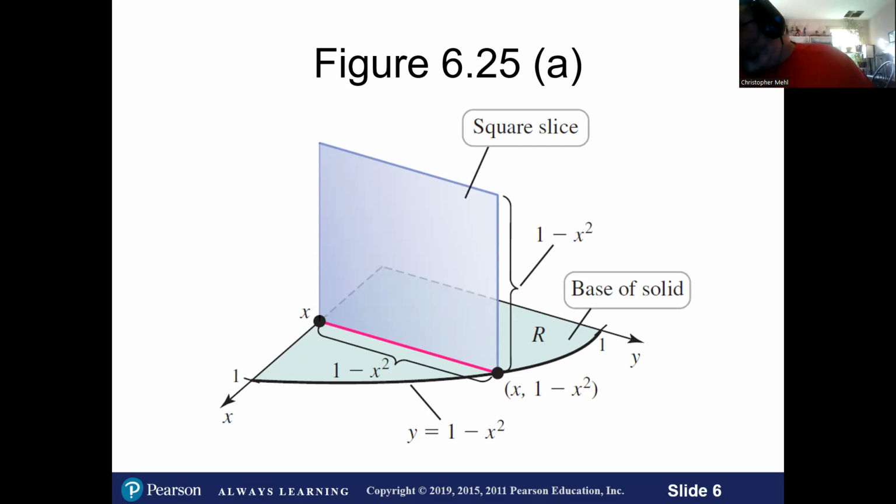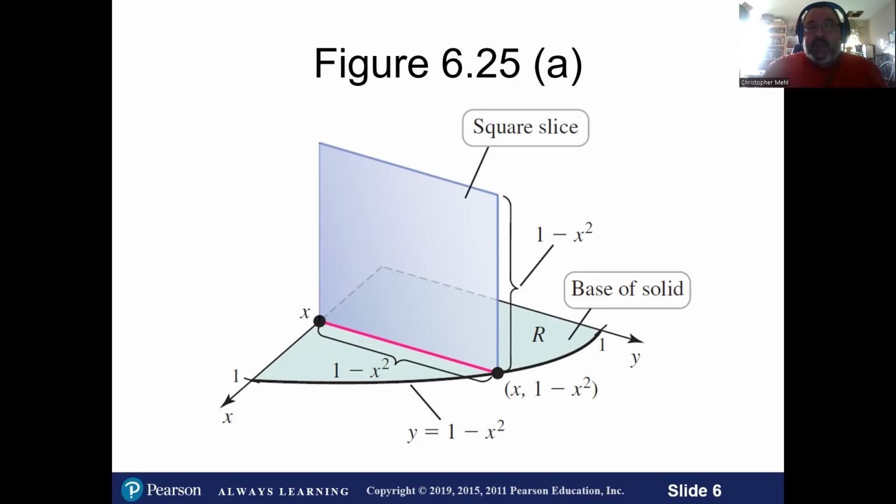So the cross sections go through the solid perpendicular to the base, and the slices would be parallel to the y-axis. They would look like the shaded blue right there. What that means is each slice is a square, and the length of that square is the distance from the x-axis to the curve y equals 1 minus x squared, which means each side has length 1 minus x squared.